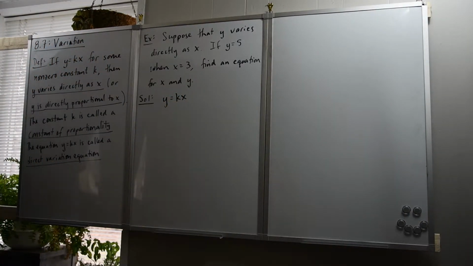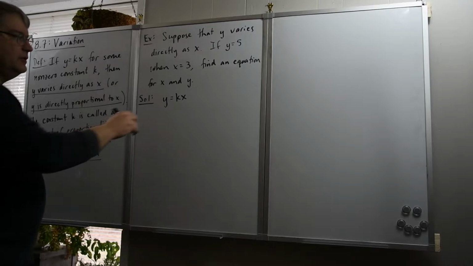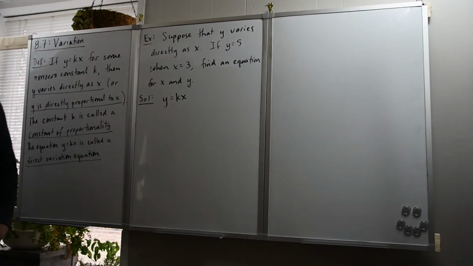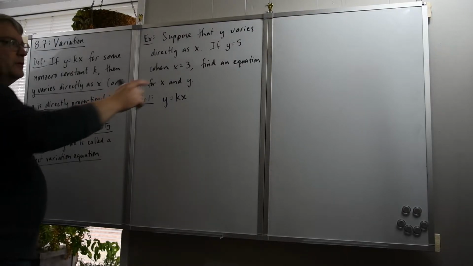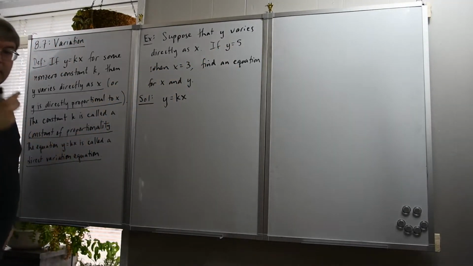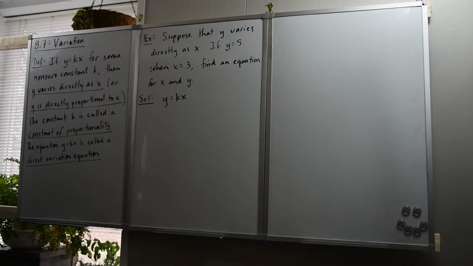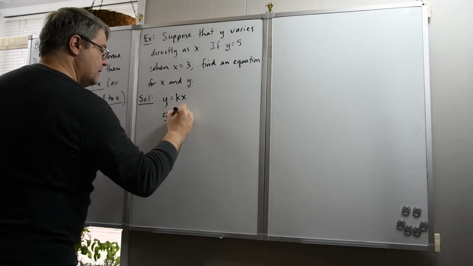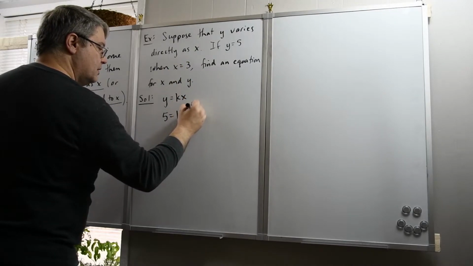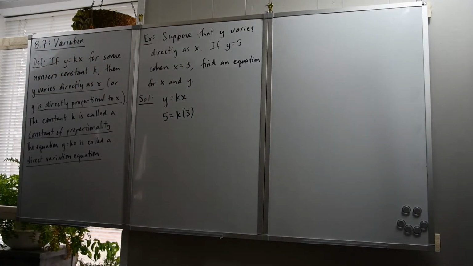Now, you don't want to stop there because we don't actually have the specific value of k determined at this point. However, we do know that y equals 5 when x is equal to 3. So we can go back to this equation, plugging in 5 for y, and plugging in 3 for x. And we get 5 is equal to k times 3.